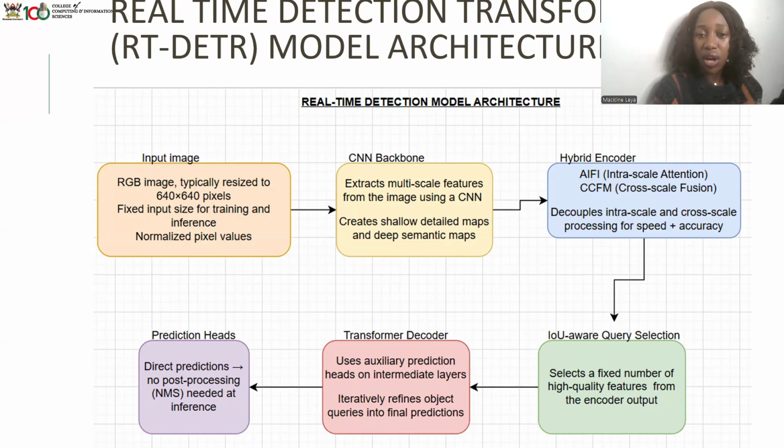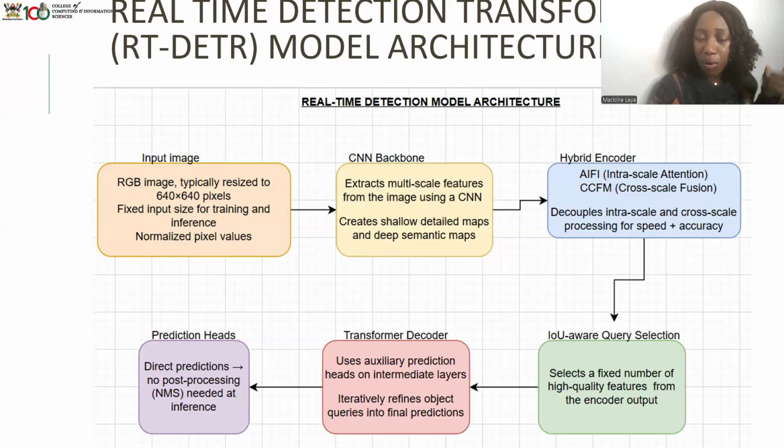Then we have the CNN backbone. This one is like the eyes of the model. It sees the whole surface of the image and can learn new features. It can see the edges of the scalp, and it also creates shallow detailed maps and deep semantic maps.